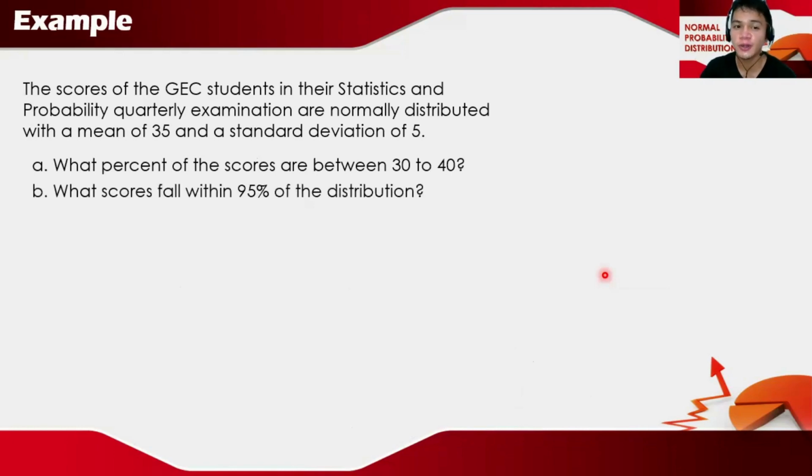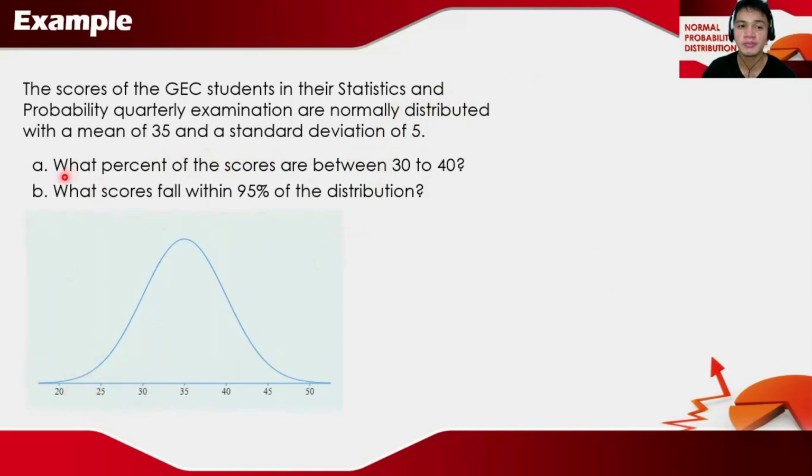What scores fall within 95% of the distribution? To answer, let me give you the normal curve of this problem. Since our mean is 35 and our standard deviation is 5, we will expect this kind of normal curve where 35 is in the middle since it's our mean. Since it has a standard deviation of 5, it has a distance of 5 here.